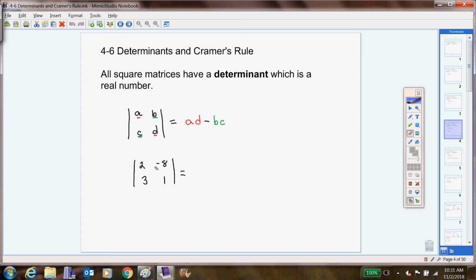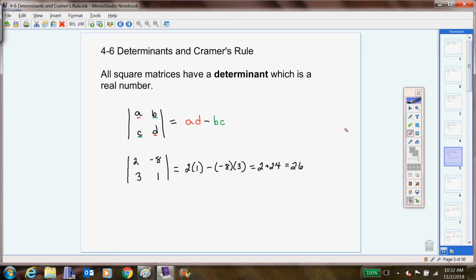For example, for this square matrix, we would take 2 times 1 minus negative 8 times 3, which becomes 2 plus 24. And so the determinant of this square matrix is the number 26.